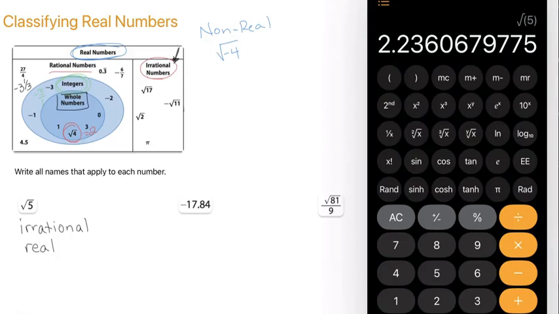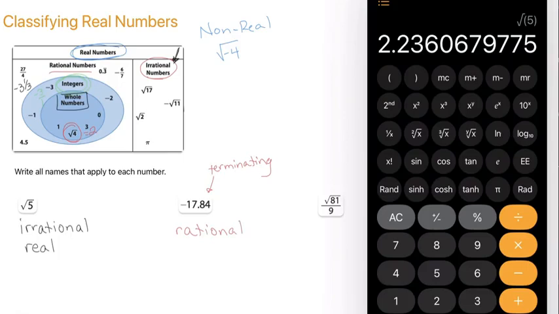-17.84 is a terminating decimal. It goes -17.84 and then the decimal stops. There are no more digits after the 4. So because this decimal is terminating, it is a rational number. So this is rational.